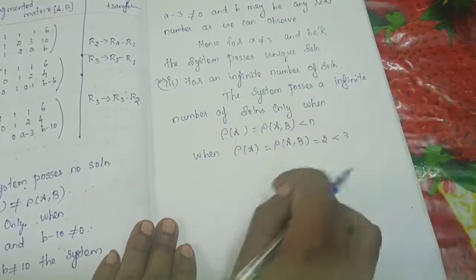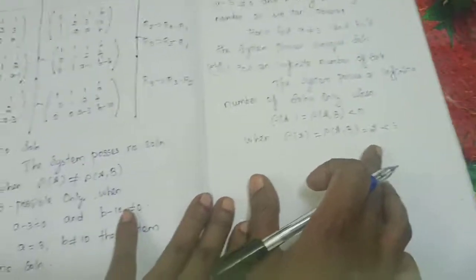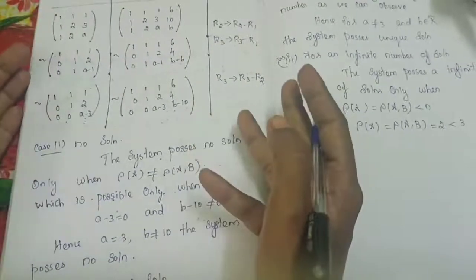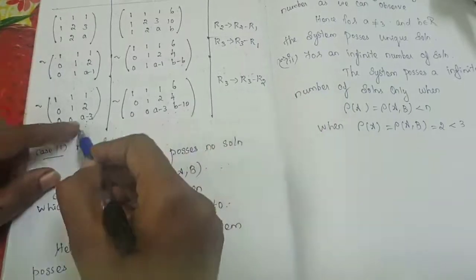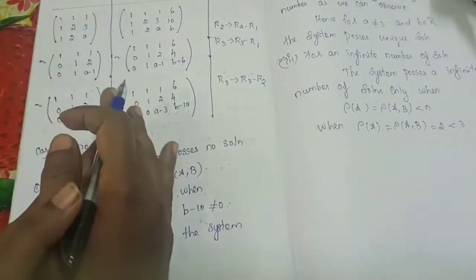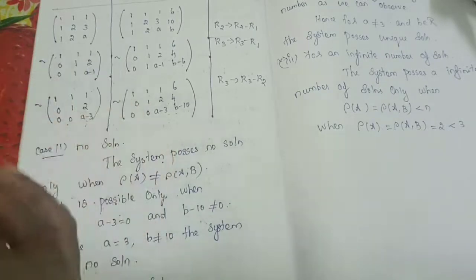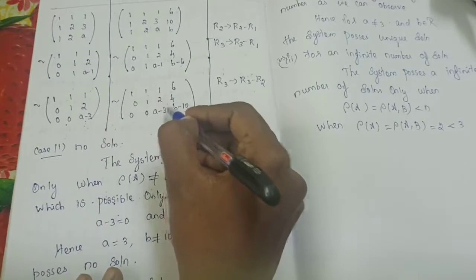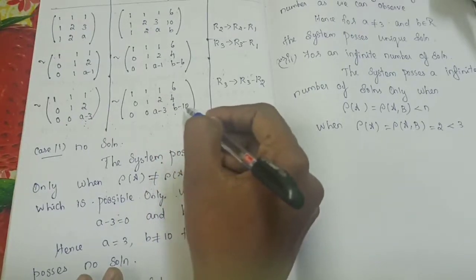So rank of A equal to rank of [A, B] equal to 2, less than 3. The only possible value is 2. So rank of A must be 2 and rank of [A, B] must also be 2. So you come to know this value needs to become 0, this also needs to become 0, is it right?